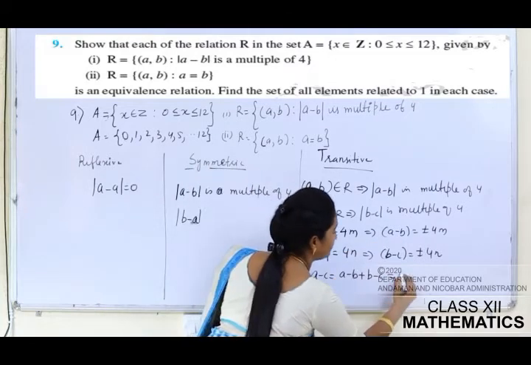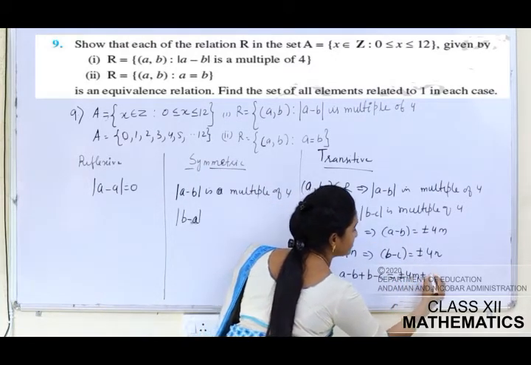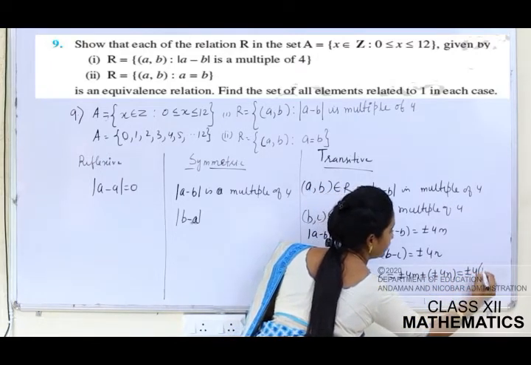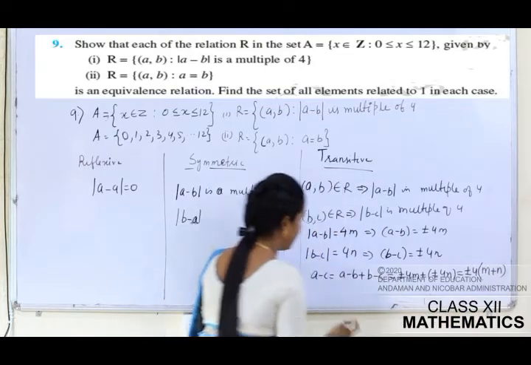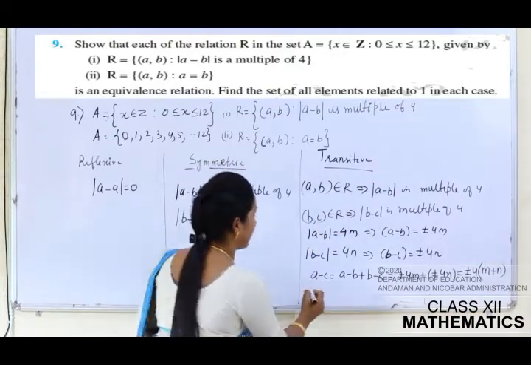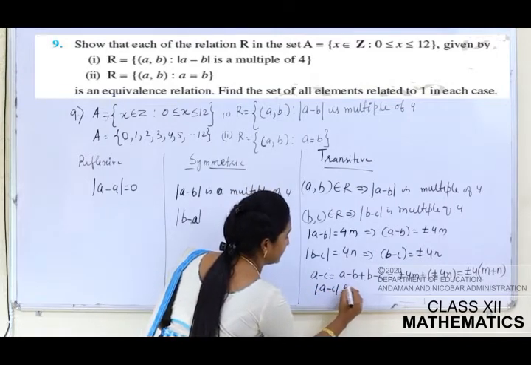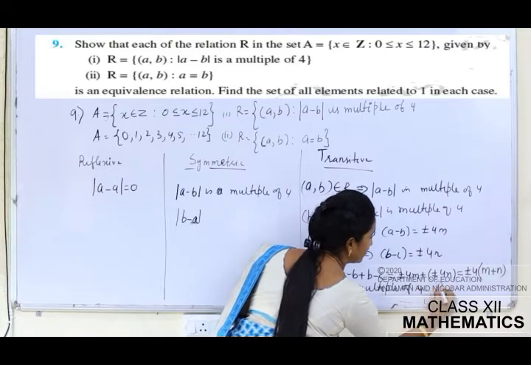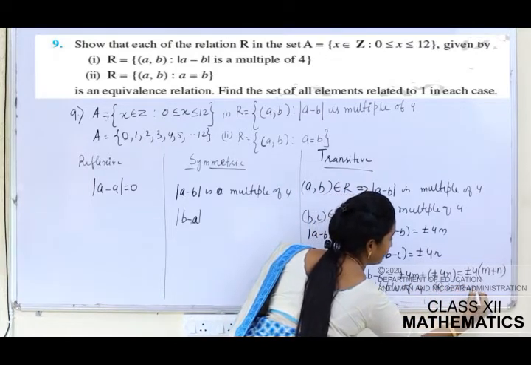Plus or minus 4m. Okay, plus or minus 4n. You take common plus or minus 4, you are going to get m plus n. That means a minus c is also a multiple of 4. Hence you can say that modulus of a minus c is a multiple of 4. Okay, and hence you can see that R is transitive.